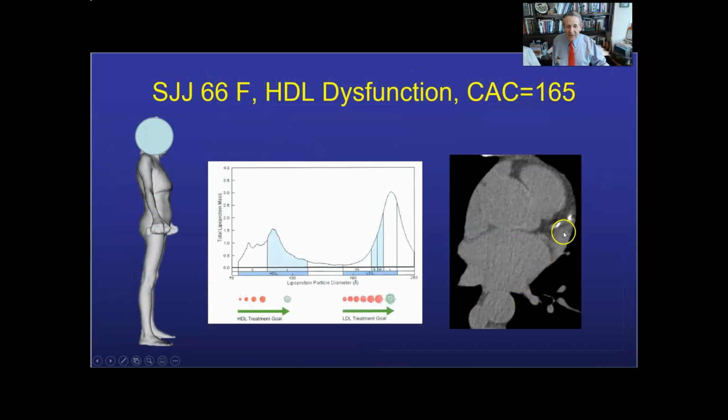Why does she have coronary calcium? Well, it turns out she has what we call an HDL bump. Her HDL is not being cleared by SRB1 receptors in her liver. So they're accumulating, they're staying in the bloodstream, they're getting oxidized and causing atherosclerosis despite all her conventional risk factors looking pristine.